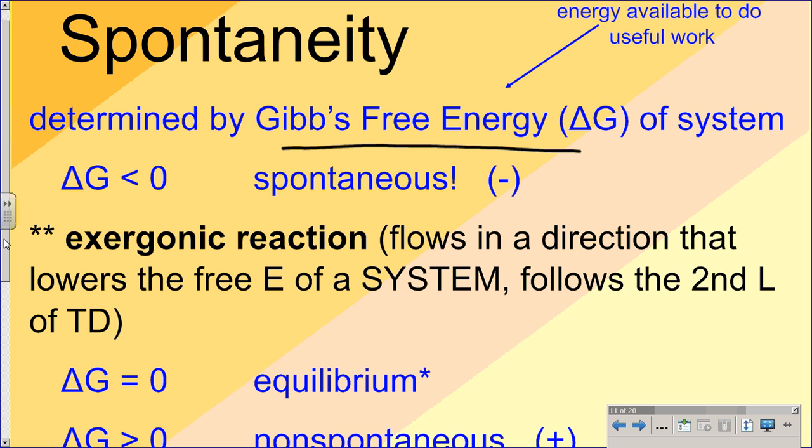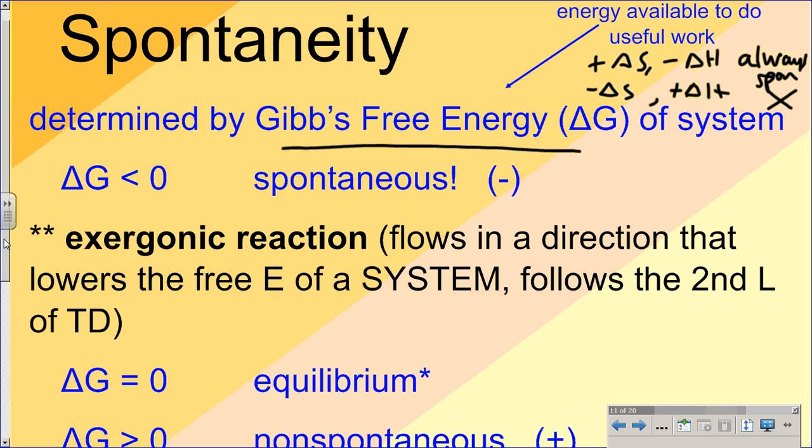So if a positive delta S and a negative delta H are always going to be spontaneous, what would never be spontaneous? Opposite. Positive delta H and what? Negative delta S. So decreasing overall disorder and taking energy in, so an endothermic reaction, would never, ever be spontaneous. So let's just relate those and reverse it.